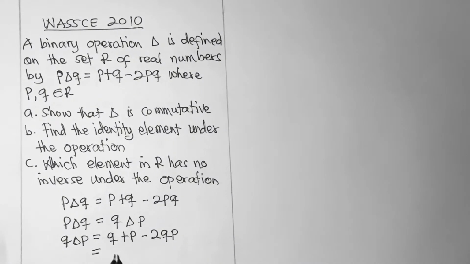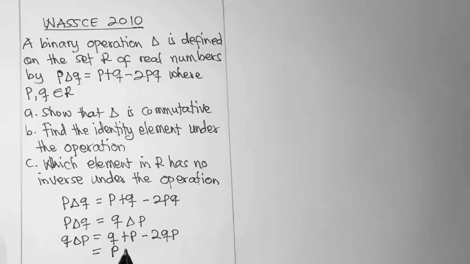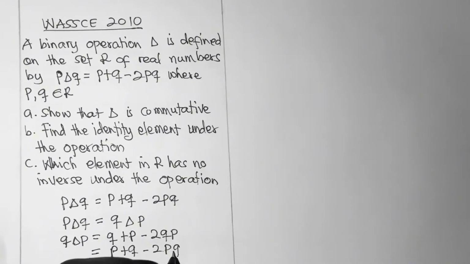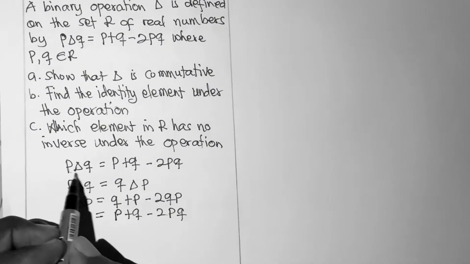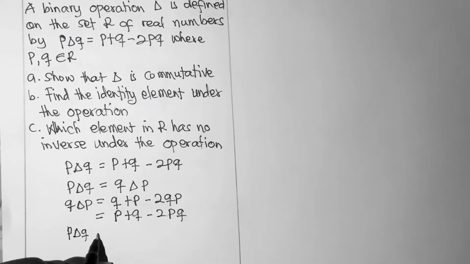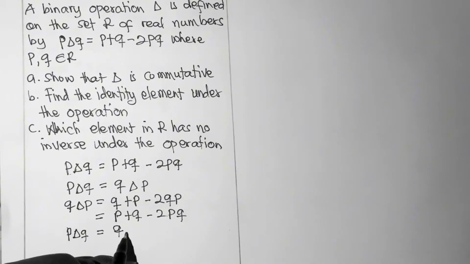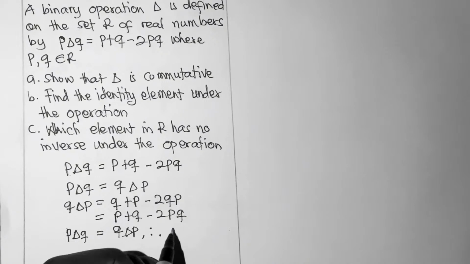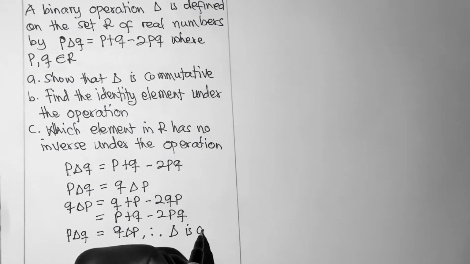If we rearrange, it becomes P plus Q minus 2PQ. So you can see that P operation Q is equal to Q operation P, and therefore the operation is commutative.